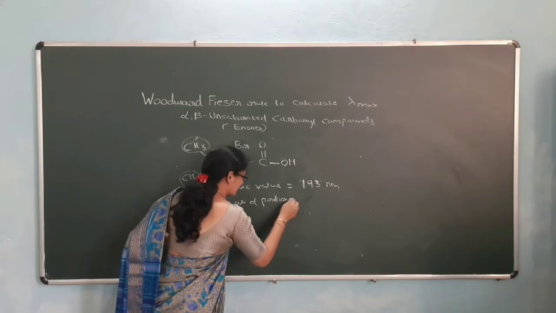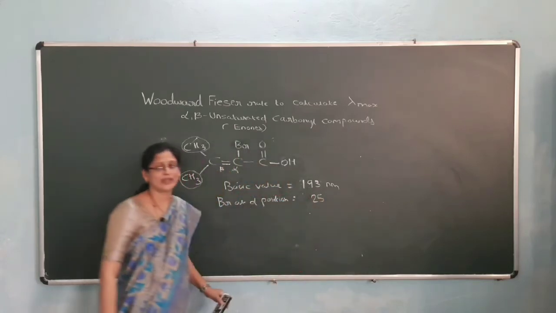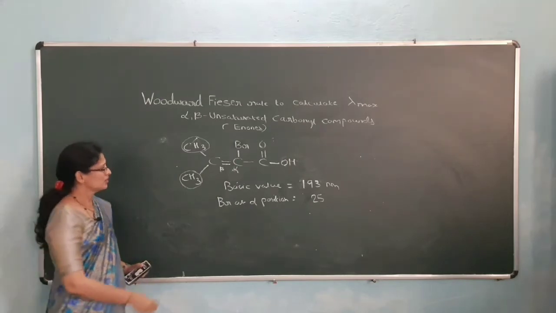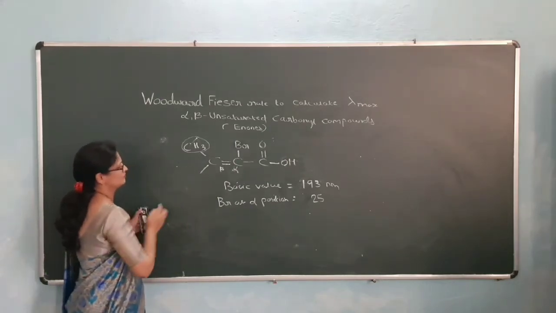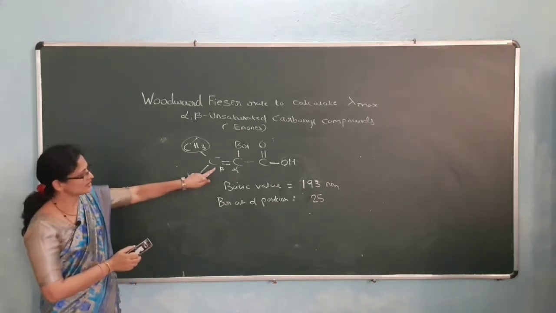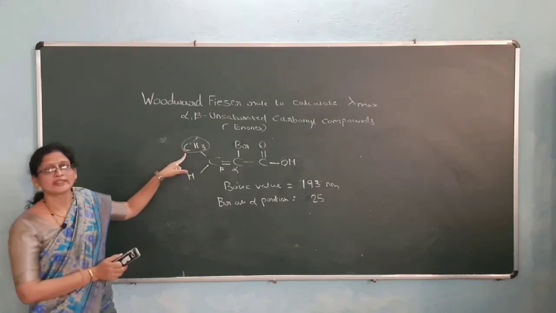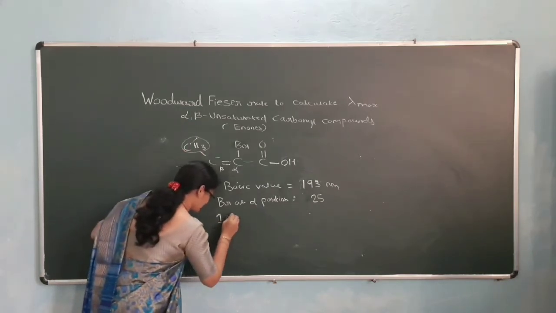So at alpha position, it has a value of 25 nanometer. Now you can see here, at beta position there is one methyl group, one alkyl group.